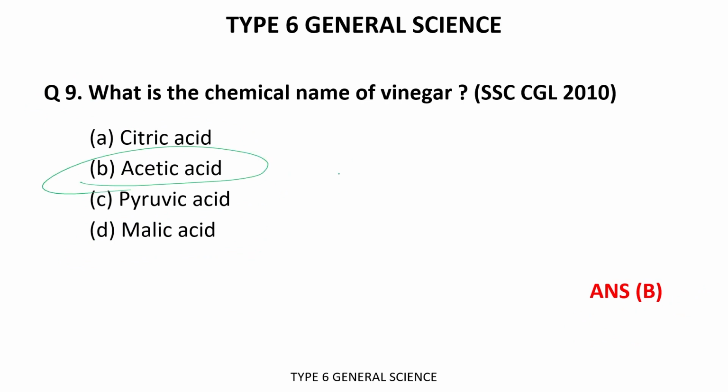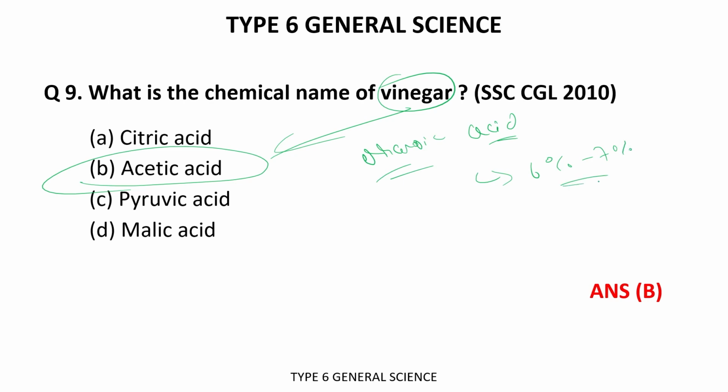Acetic acid. Okay. So basically, if we talk about the vinegar or the acetic acid, then I had told you it is also known as ethanoic acid. And ethanoic acid 6 to 7% in water is known as acetic acid.